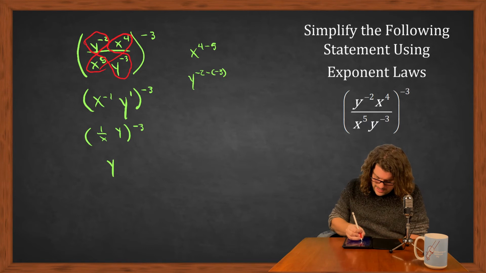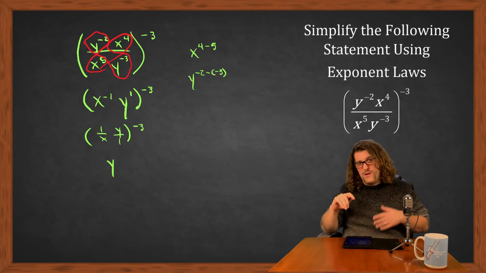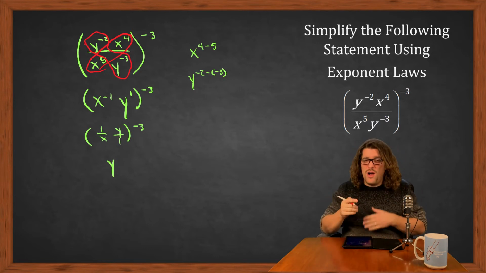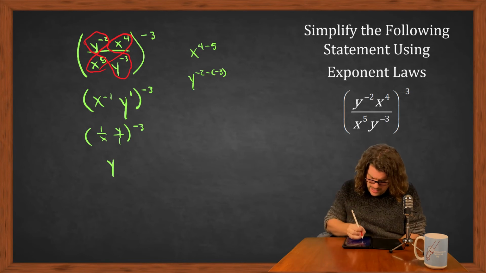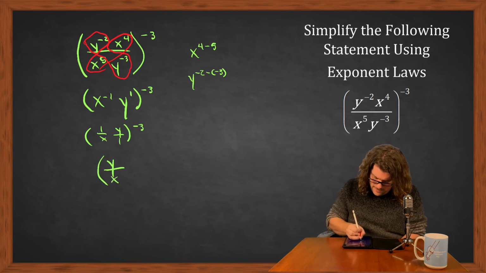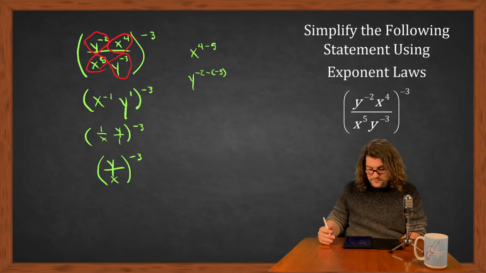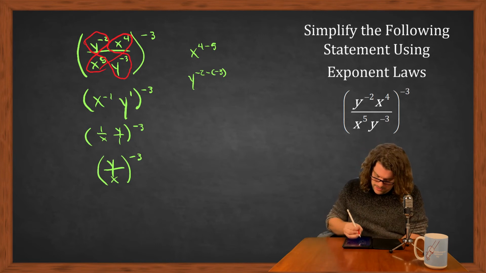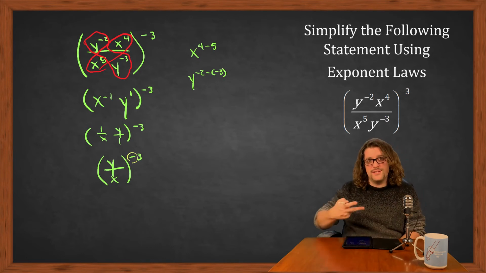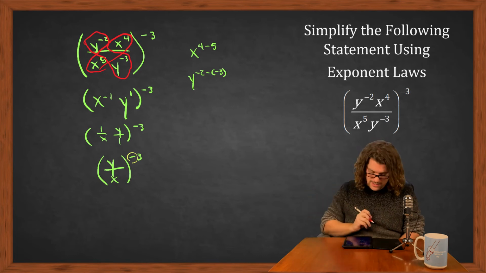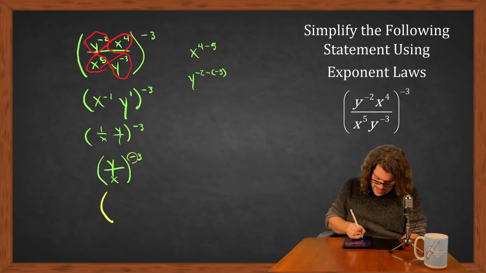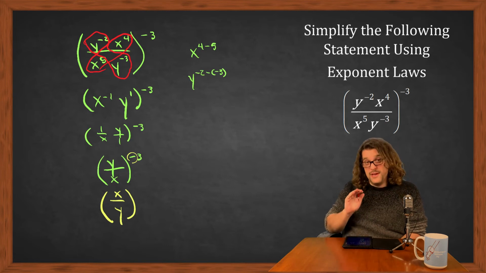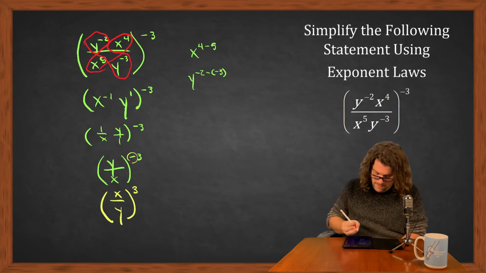And then the x can multiply by a 1 that's in the denominator of just y if you want to write it as a fraction. And it will leave us with x over y to the power of negative 3. Now, what we can do is say that this negative here is the same thing as the reciprocal of what's written next to it. So I can write this as x over y. We've dealt with the negative part, so we still have a power of 3 there.